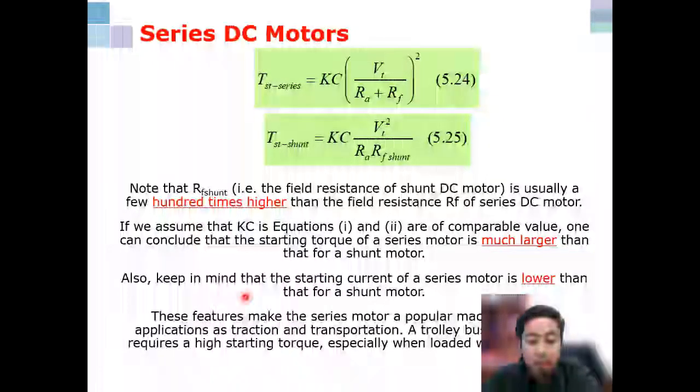Also keep in mind that the starting current of the series motor is lower than the shunt motor. You can try to relate this with the equations.